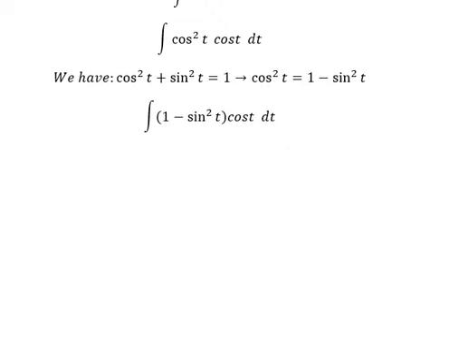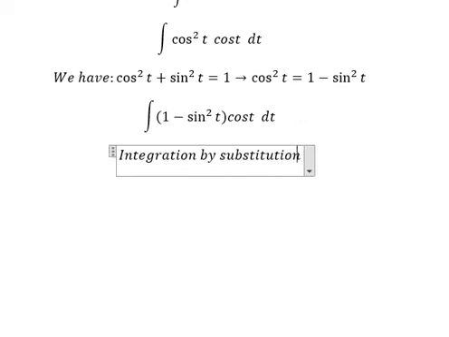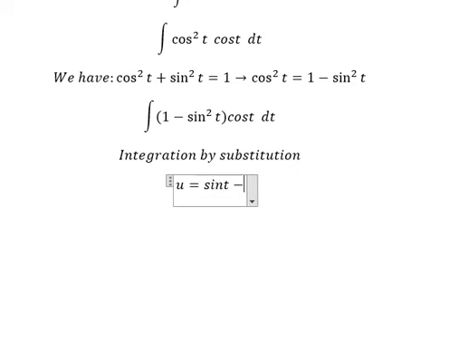So we can use integration by substitution. I will put u equal to sine t. Later we need to take the first derivative of both sides, and we have cosine t dt.